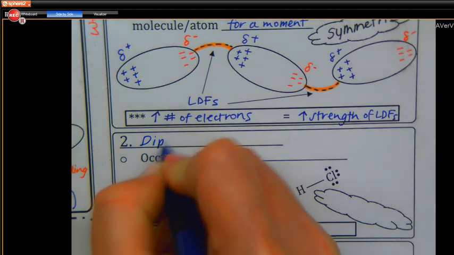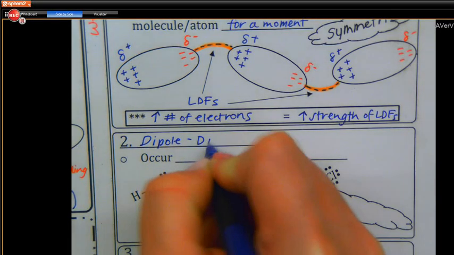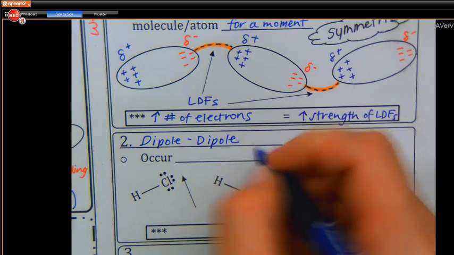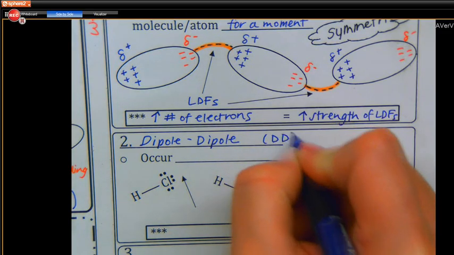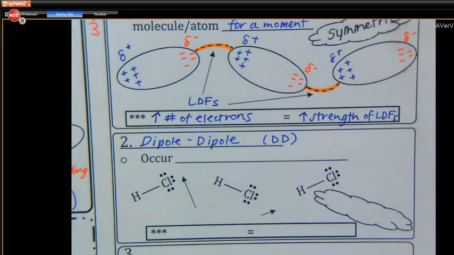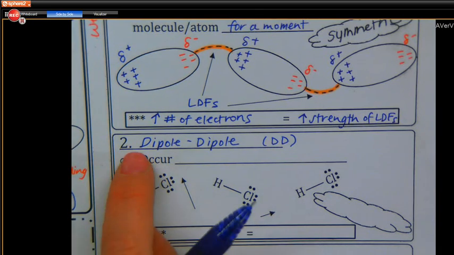And therefore, between molecules of HCl, you'll have an attraction from the slight negative chlorine on one molecule to the slight positive hydrogen on the other molecule. And you'll see that play out as these dipole-dipole forces of attraction.